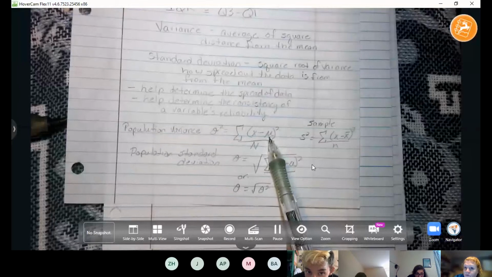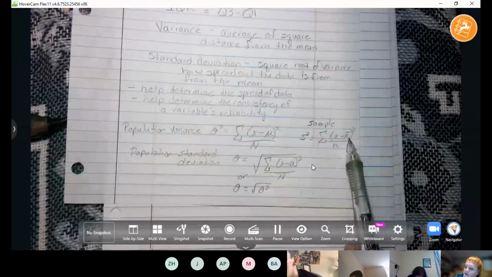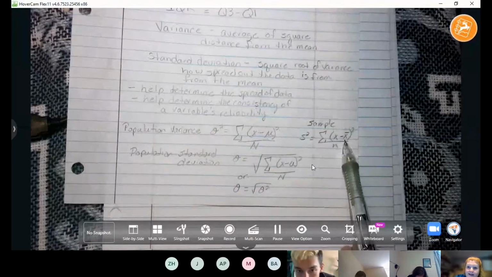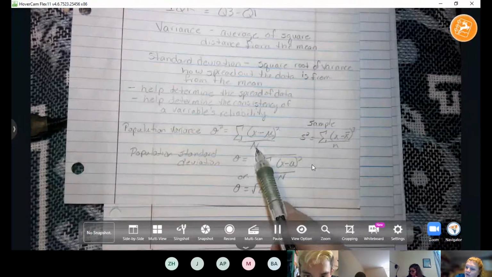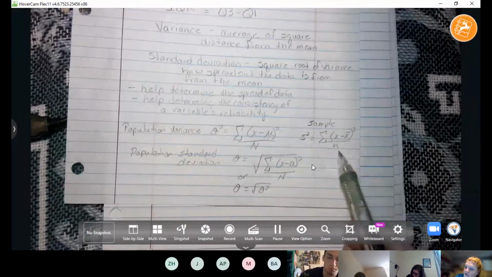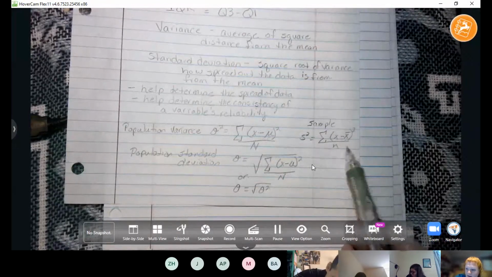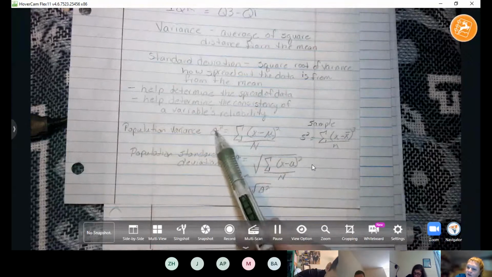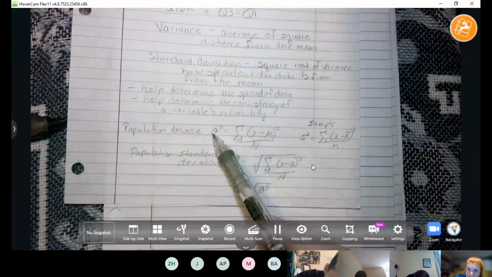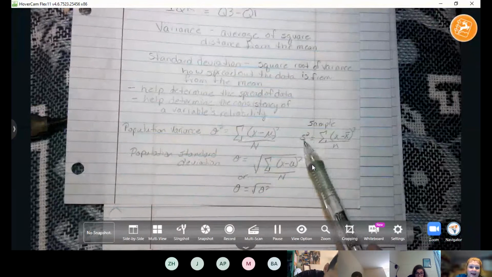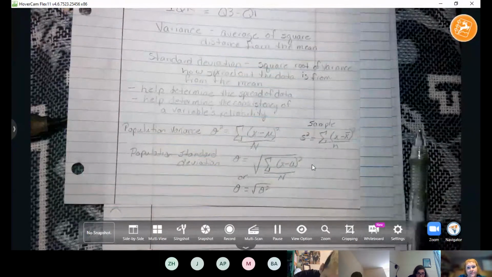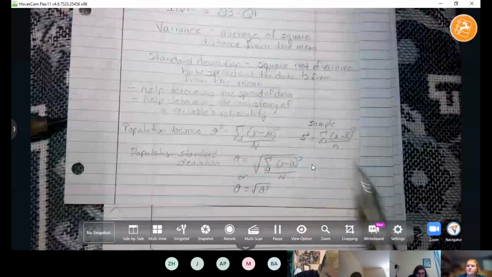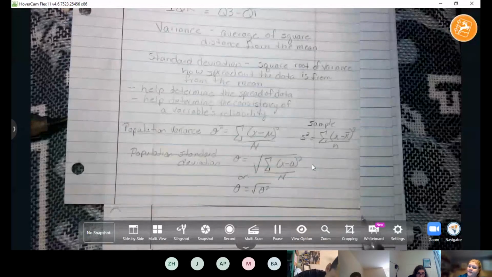This is mu, which is the mean in population, where we use the X bar for the mean in the sample. That's the only difference. The capital N in the population versus a lowercase n. And instead of this little squiggly symbol, a Greek letter, we're using the letter S. So the actual formulas are the same. It's just the symbols that you're using in the formula.